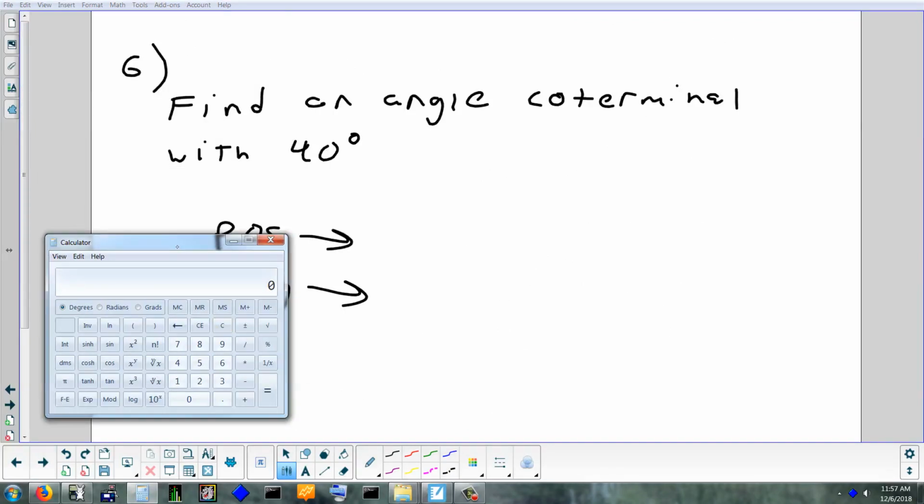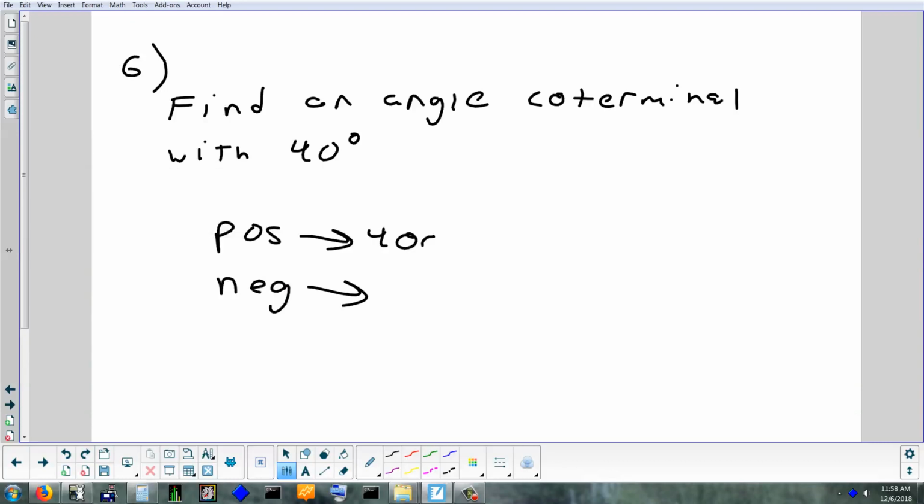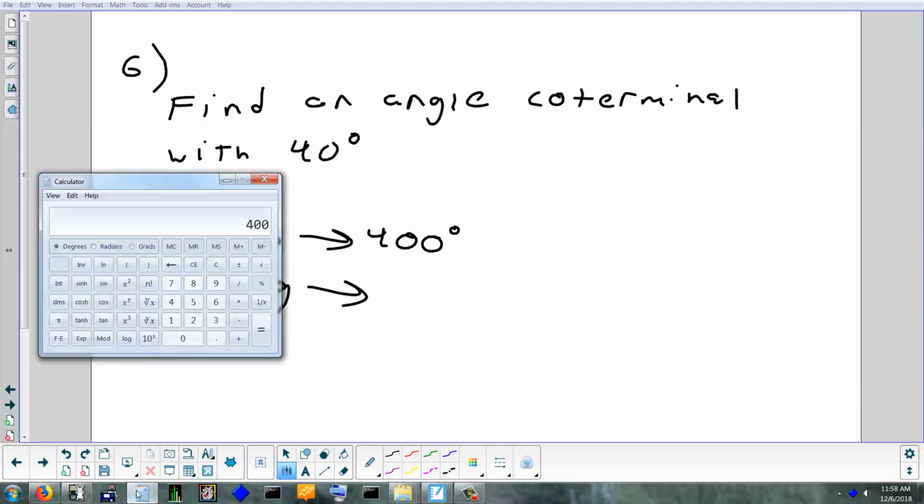What do you add or subtract to an angle to find one that's coterminal? And this one is degrees. 360. What if it was radians? 2 pi. So let's take 40 plus 360. That gives me 400. And then take 40 minus 360. Gives me negative 320.